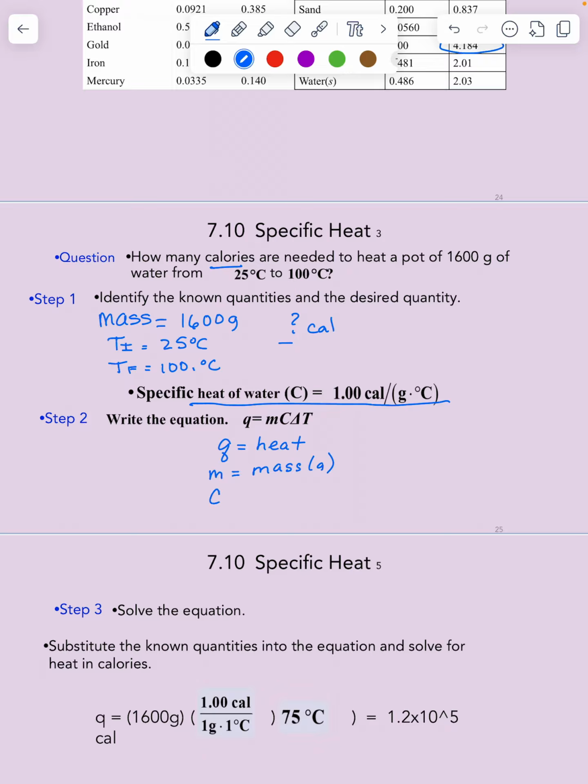If you look at this equation, we call this the MCAT equation. The m c delta T looks kind of like MCAT, so that's a way to remember the equation. Once you have all of your known quantities written down, then you're ready to solve the equation.